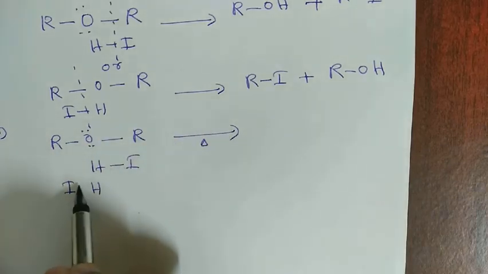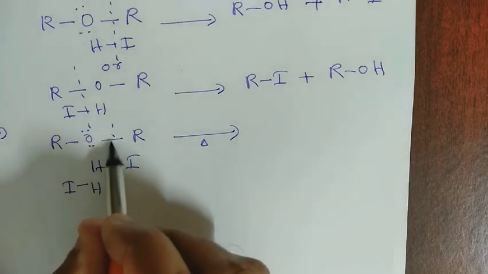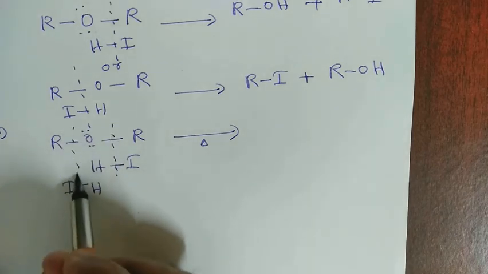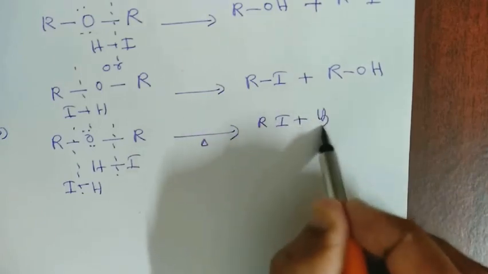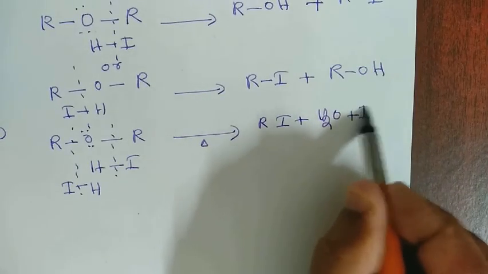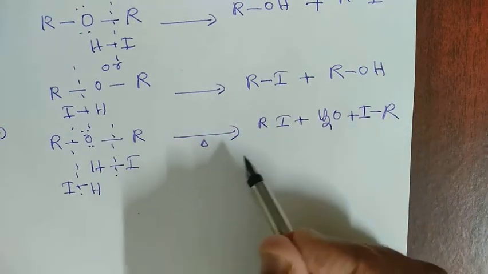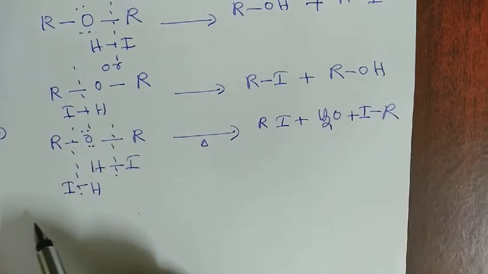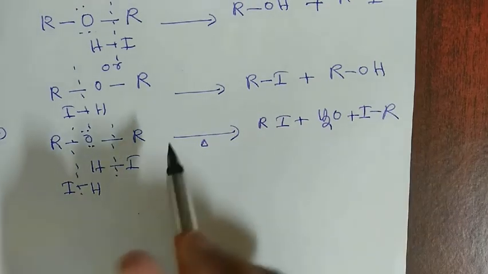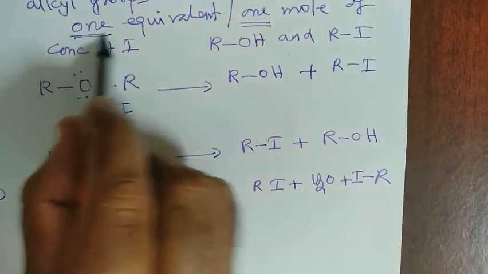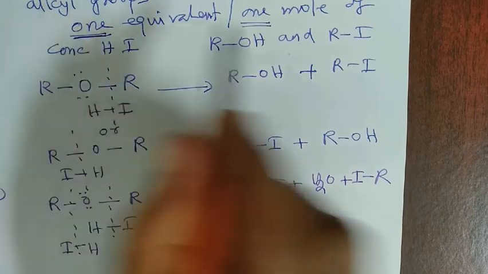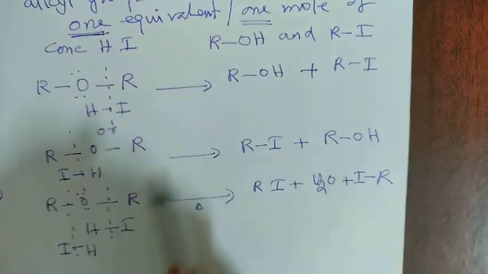In this reaction, both carbon-oxygen bonds in the ether undergo cleavage. So the product is alkyl iodide. Thus, the nature of products depends upon the amount of concentrated HI used in the reaction.